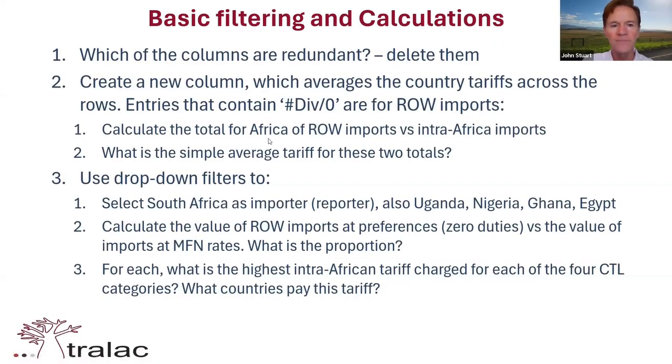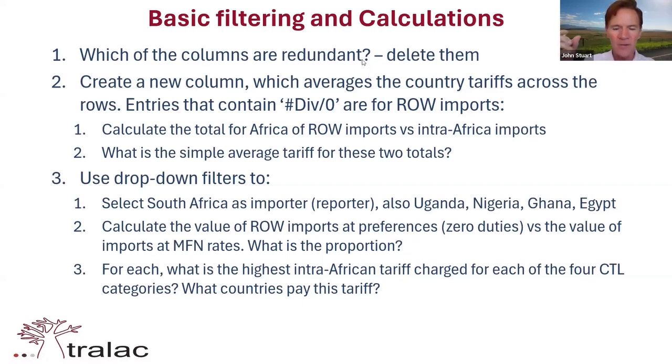All right. Okay, this div naught, I didn't get the same result the second time around. It's a typical Murphy's Law thing, so just ignore what I've written there. I will edit it in the version you receive. But for now, we've done this. Which of the columns are redundant? We've deleted the redundant columns.